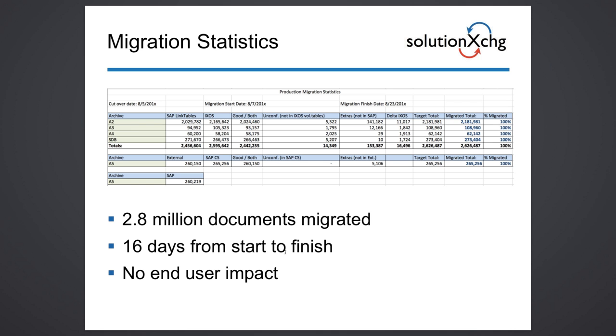That was a separate part of the project, and I also didn't include the work that was done to bring down the legacy archiving systems once the migration was done, or all the preparations. I'm just talking about the pure time it took to move documents from one server to the other. And that's what it took, about 16 days for 2.8 million documents, roughly, with the speed we could muster.